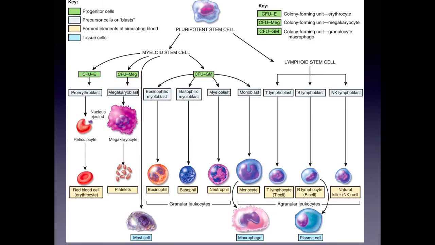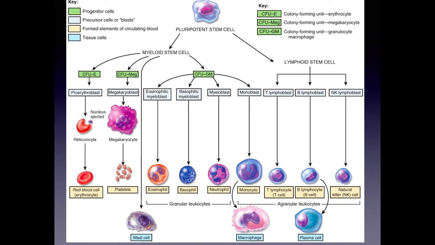Typically, the development of this pluripotent stem cell is regulated by a series of growth factors and also hormones. For the purposes of this course, you don't really have to familiarize yourself with any of those growth factors, except for one that we'll talk about in the subsequent lecture. In any case, those growth factors and hormones are going to influence that pluripotent stem cell and drive it toward becoming whatever formed element your body may need.